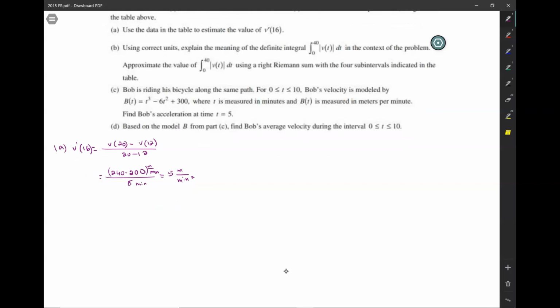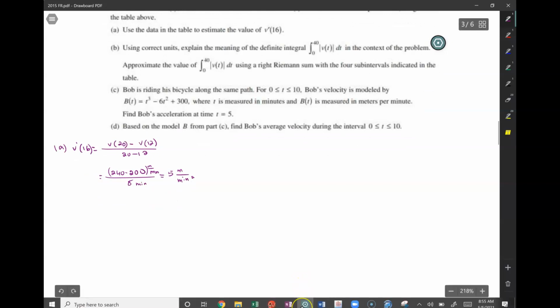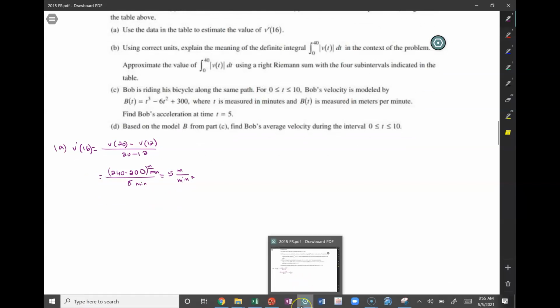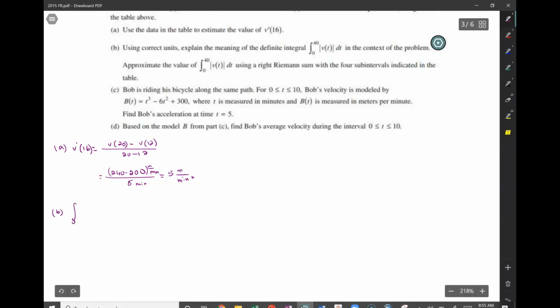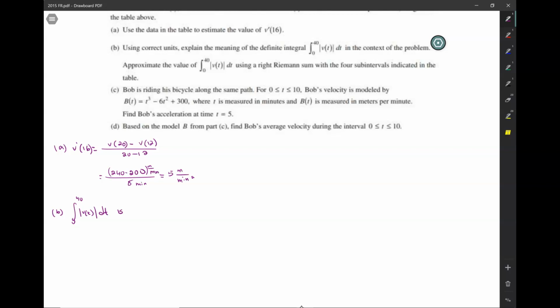Using correct units, explain the meaning of the definite integral from 0 to 40 of the absolute value of v of t. So what is that in the context of this problem? It's the total distance. Now it says using correct units.